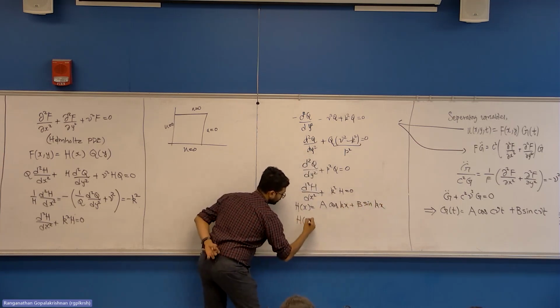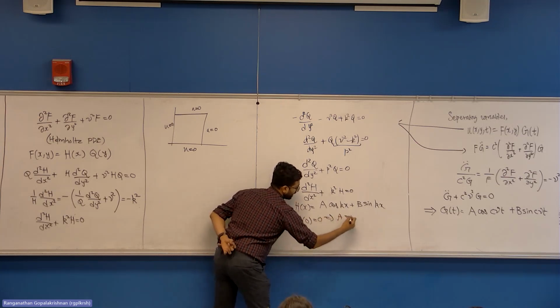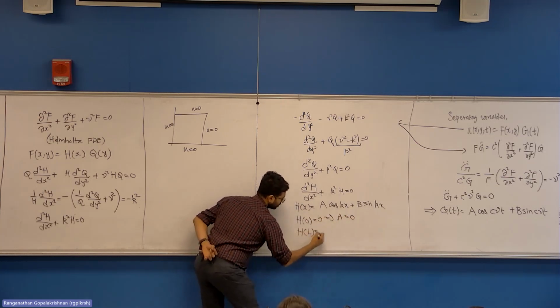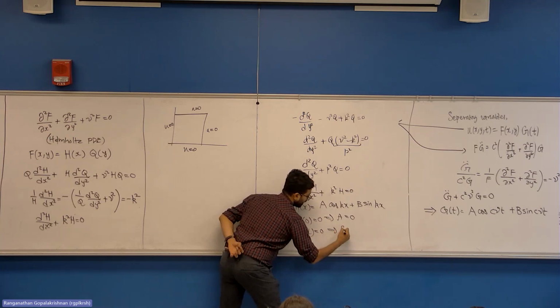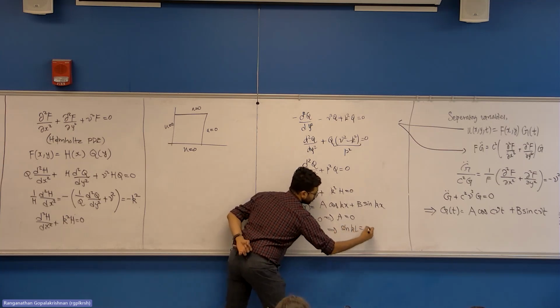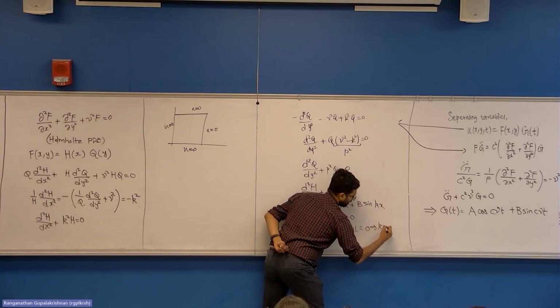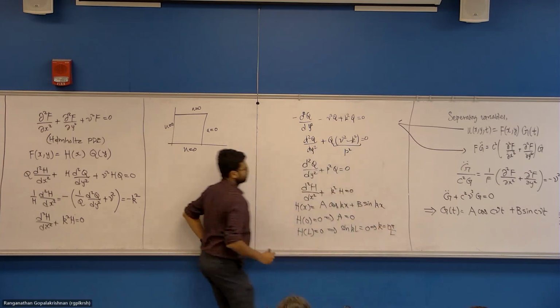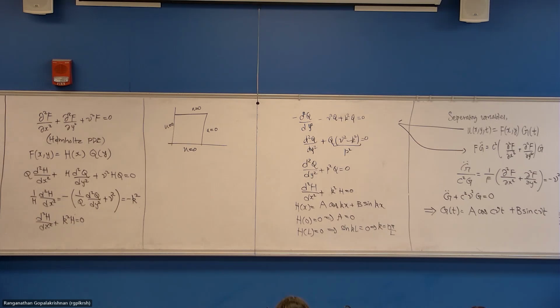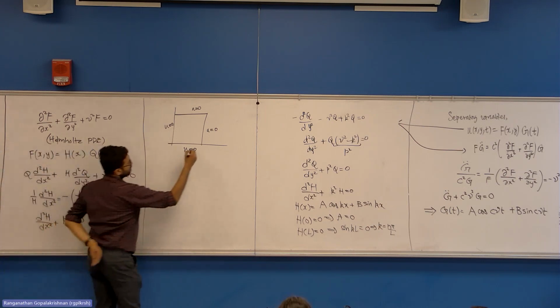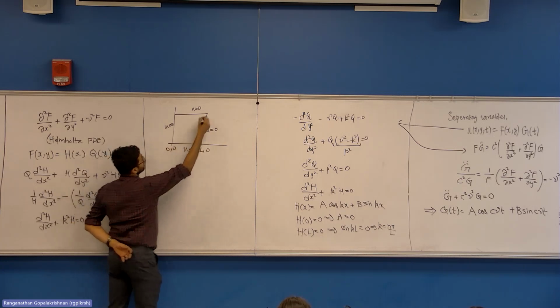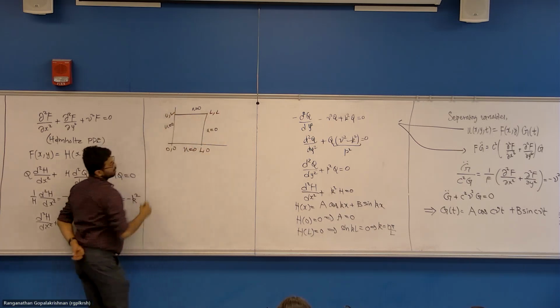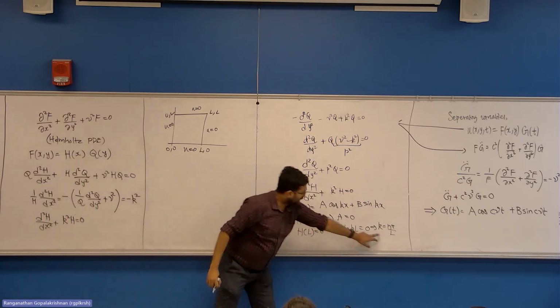If you use h of 0 equal to 0, this will imply a is 0, and if h of L is 0, this would imply sin kL equal to 0 or k equals n pi over L. Now, by assuming a square, I've introduced a simplification without realizing. Okay, that is, you have k equals n pi over L.